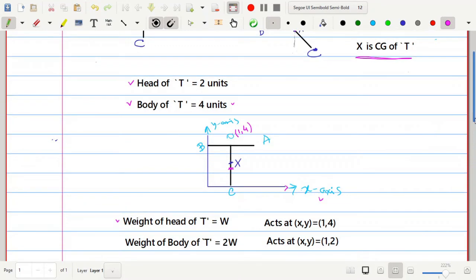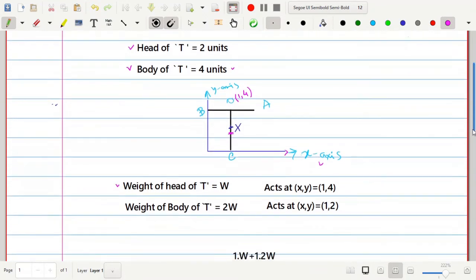Now suppose the weight of the head of T is W. Then the weight of the body of T must be 2W, because the length is twice, and we have assumed that everything is made of the same material. The weight of the head of T acts at O, this point, right?